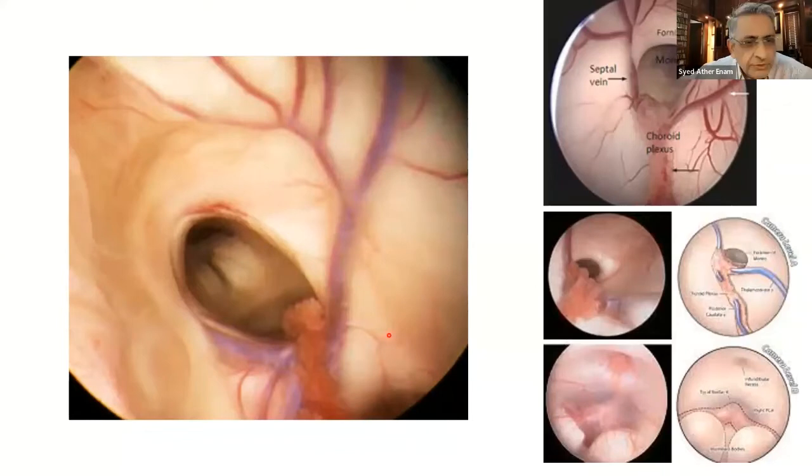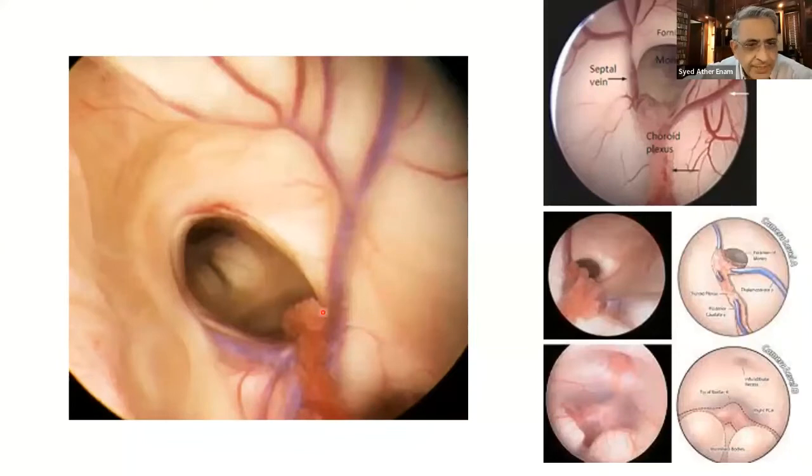So, the thing that orients you once you enter the ventricle, because sometimes you can enter on the opposite side also, right? If you are approaching through Kocher's point, you may go a little too medially and end up on the opposite side. How do you know that you're in the right ventricle?